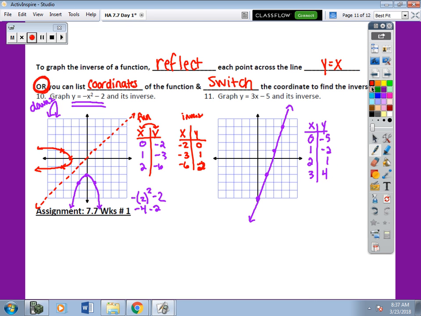And then if you're liking method 2, you just switch these around. And then plot them. If you prefer the graphical method, this one's a little bit tricky. It's not terrible. So reflect out a half space, 1.5 spaces, 1 space. Then this one actually goes backwards.